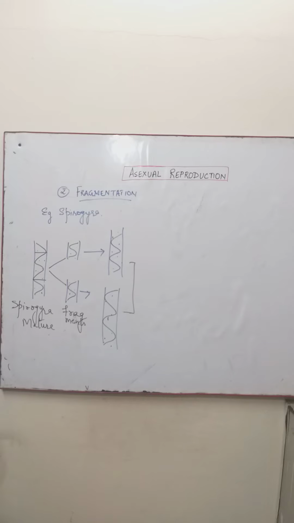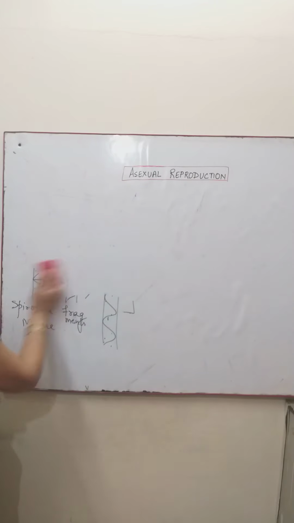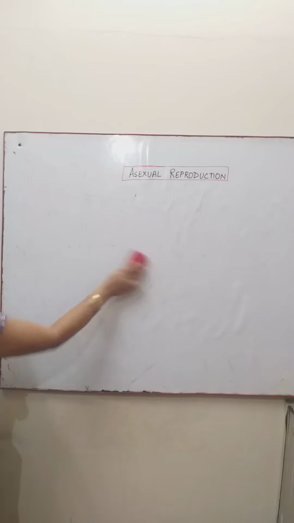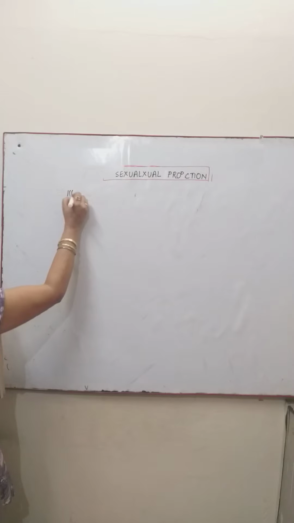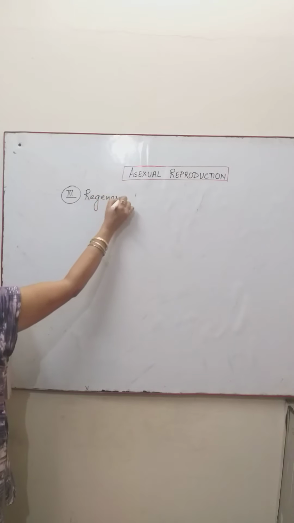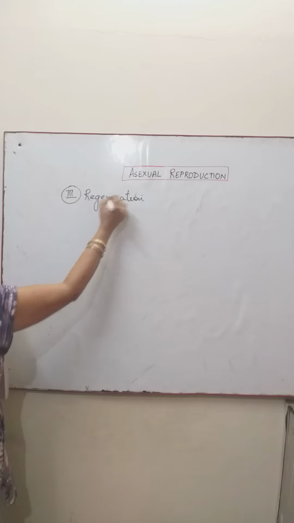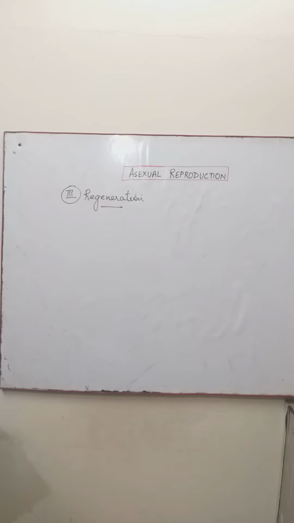The third type which we are going to study today is regeneration. Regeneration is not really a type of reproduction, but it is considered to be one way of reproduction.